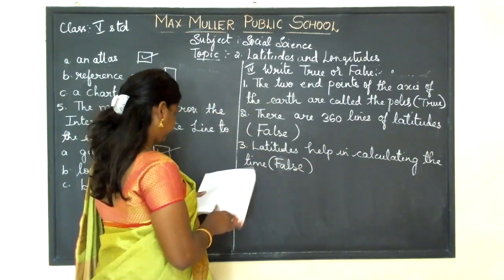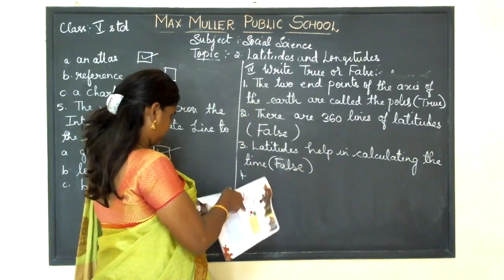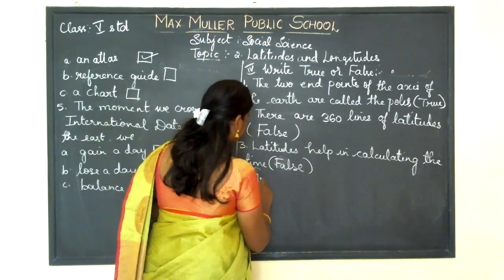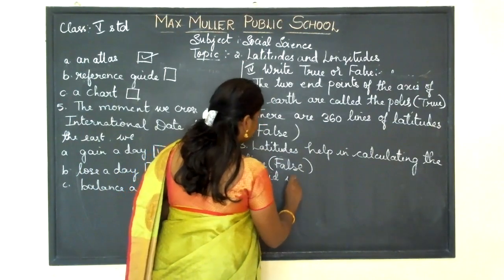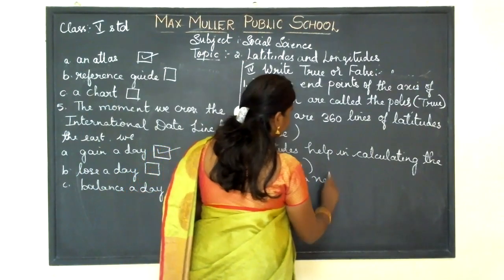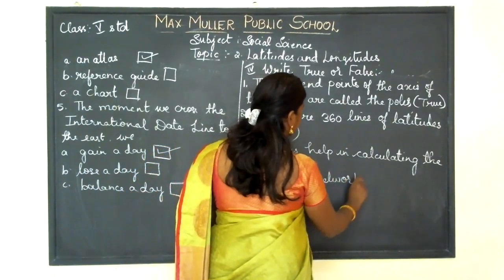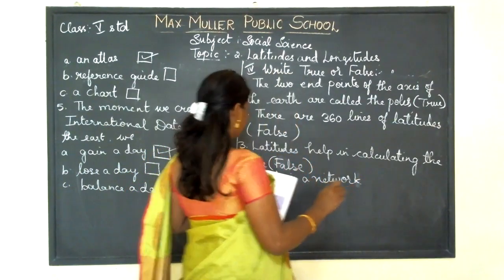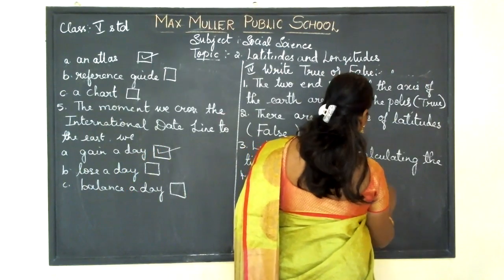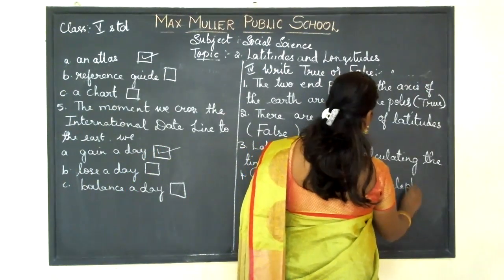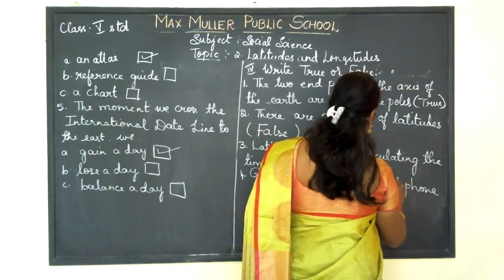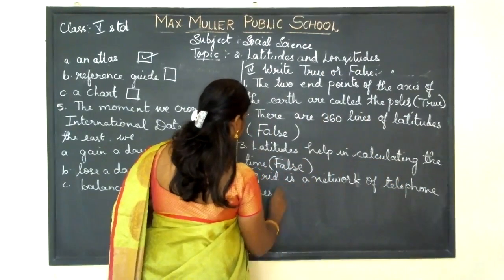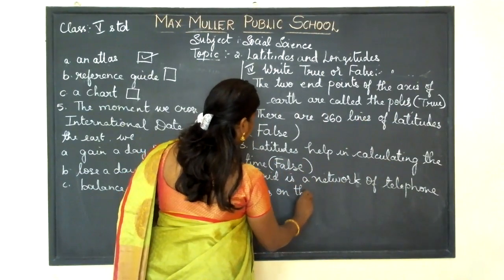Fourth one, grid is a network of telephone lines on the earth.